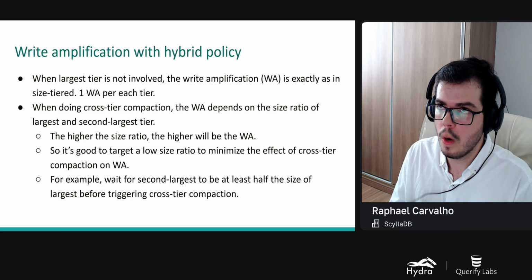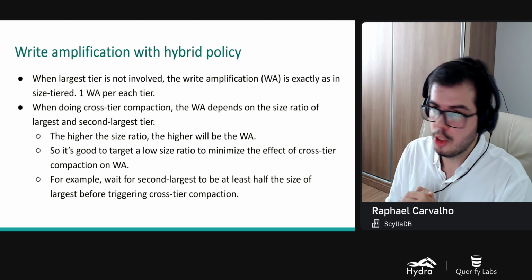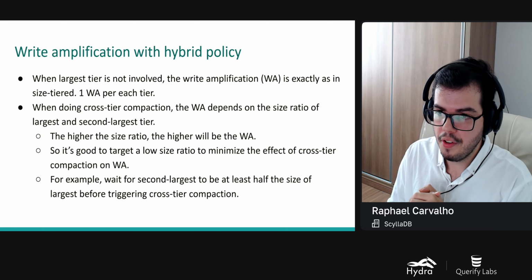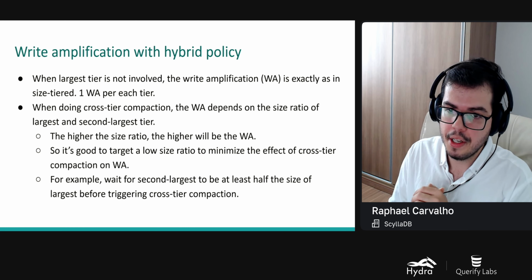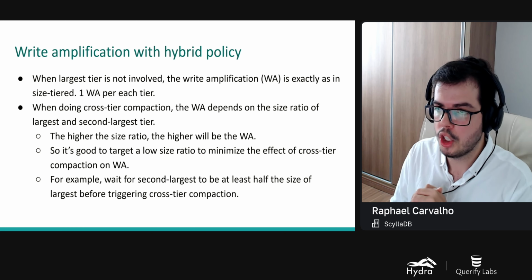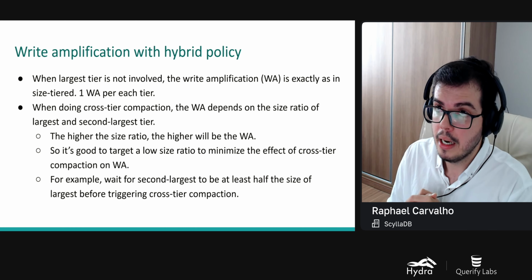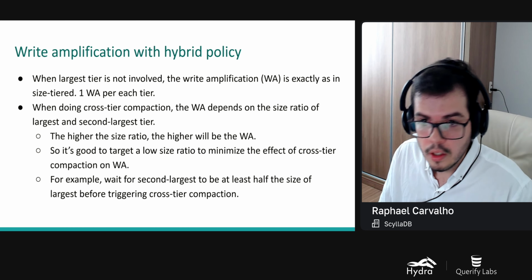If we are compacting a 1 gigabyte file with a 1 terabyte file, the write amplification is going to be huge. So we want to make sure that we only do this cross-year compaction when the size ratio is good enough, which can be controlled with a tunable, a table compaction property.